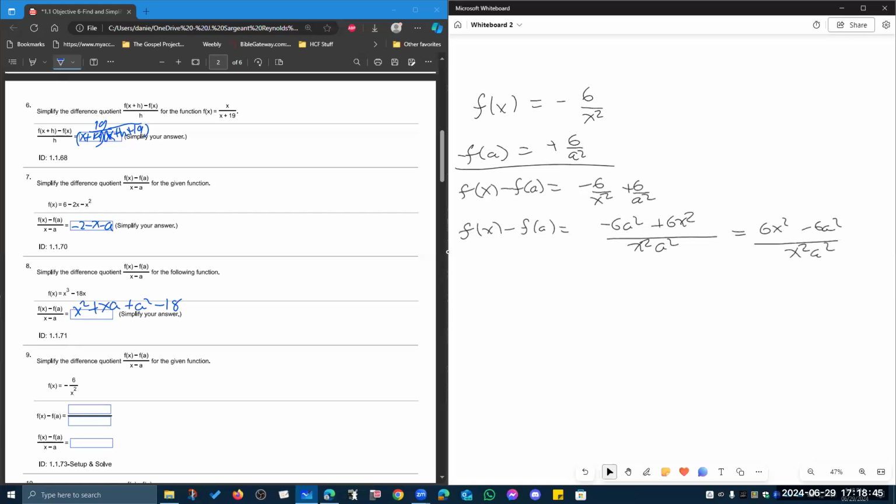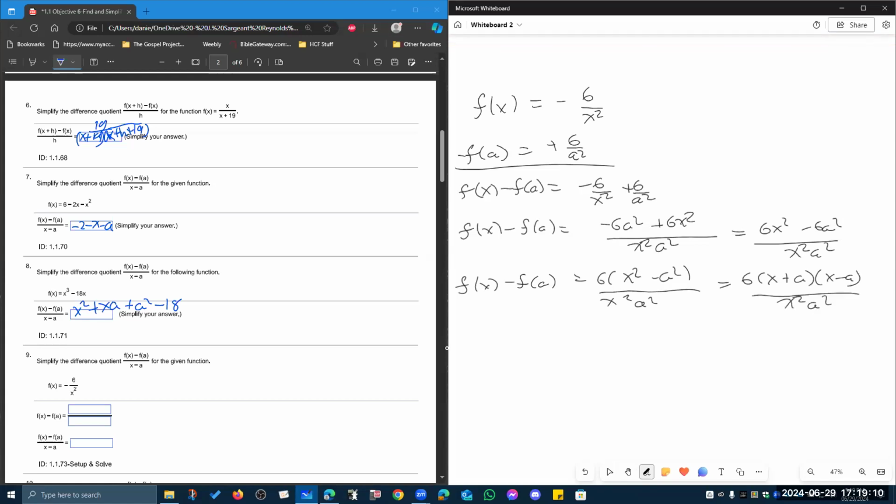I'm going to factor out that 6. x squared minus a squared over x squared a squared, which is equal to 6 times x plus a times x minus a over x squared a squared.